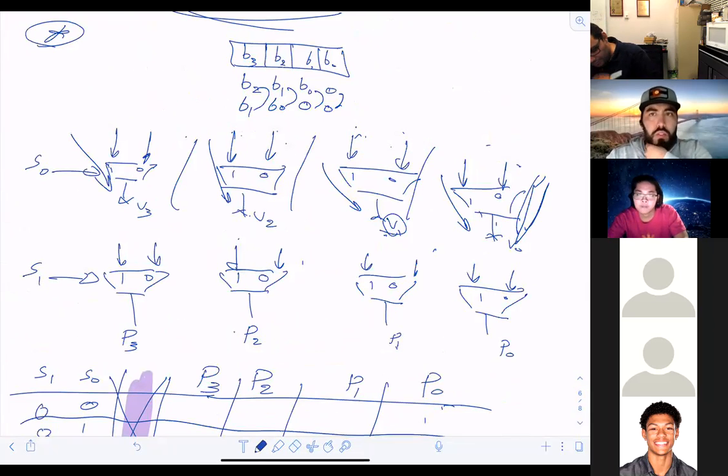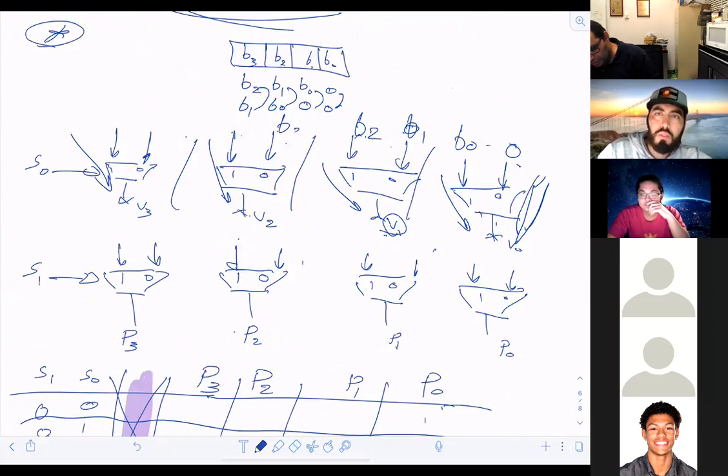So gonna be here, let's make it like this, 0 to something. 0 to B0, B1 to B2, B2 to B3, B3 to what? To what?